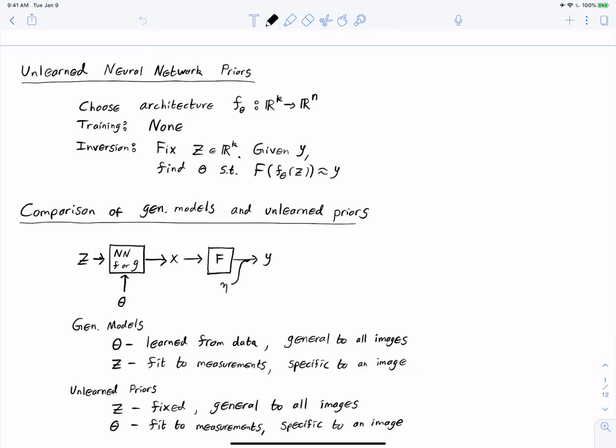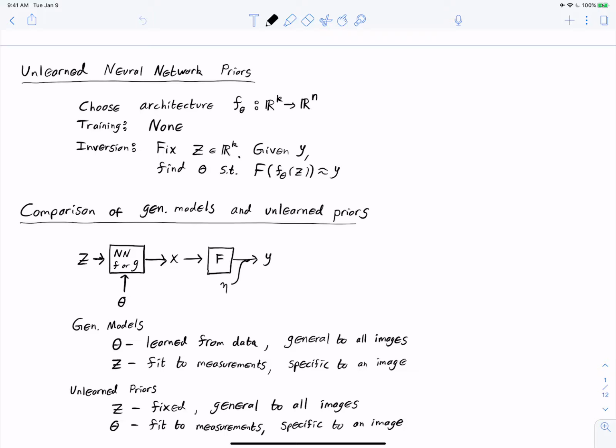Then in inversion, we begin by fixing some z, which is going to be the input to f theta. This is going to be fixed and independent of the image that is trying to be recovered. Now, given measurements y, the goal is to find theta such that capital F of f theta of z is roughly equal to y. And this will be done in an optimization sense as well.